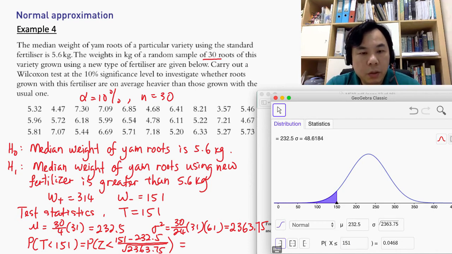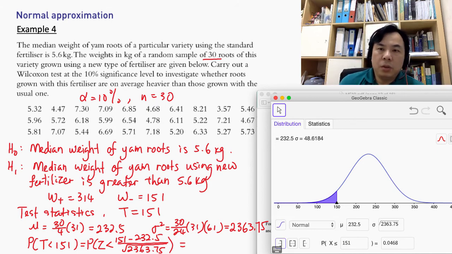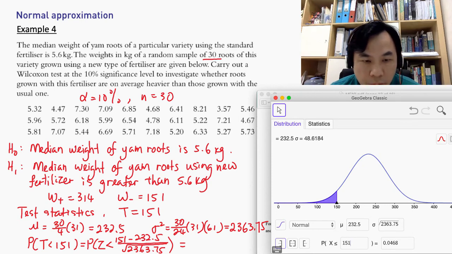Now, don't forget that I have made one mistake here. Whenever we approximate, we are actually converting a discrete value into a continuous value. So don't forget to make the continuity correction.